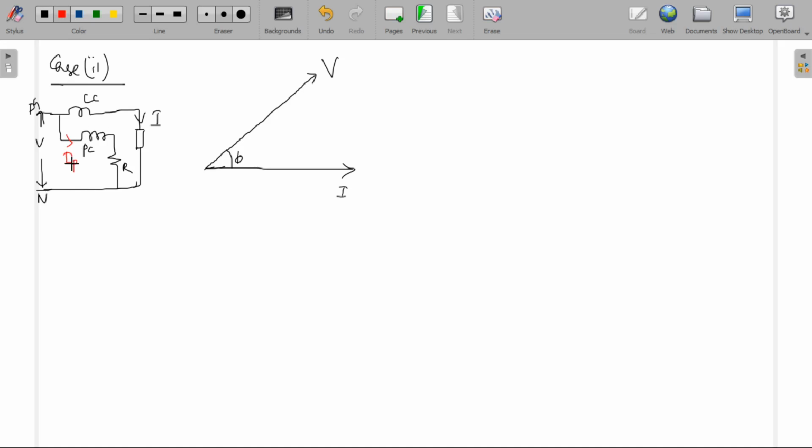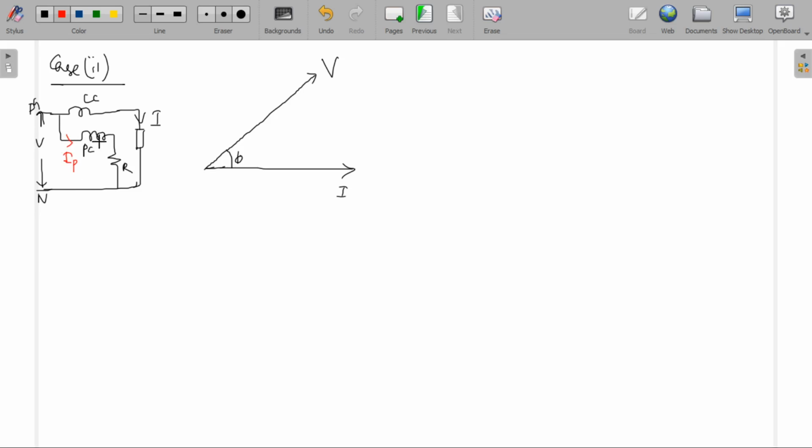IP is the current flowing through this. Now, how can I draw the phasor IP by including the inductance of this pressure coil? Anyhow, this will be inductive in nature now. If it is inductive in nature, current lags voltage.